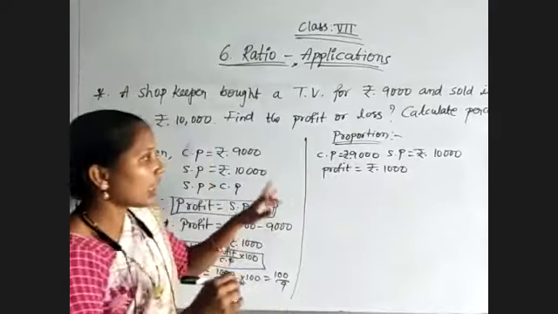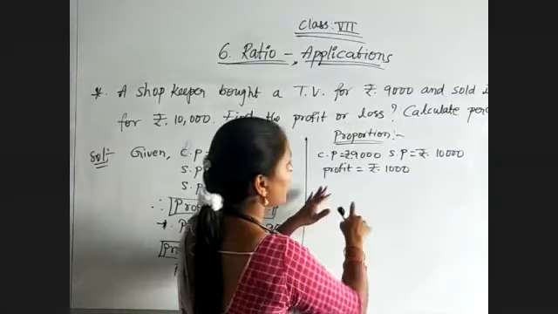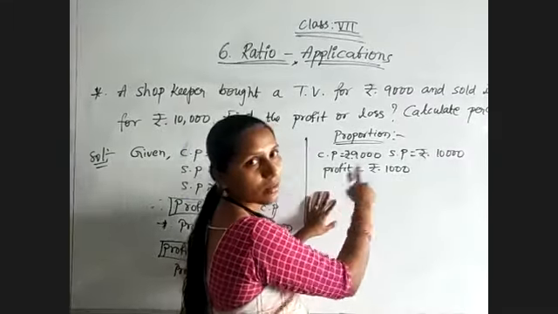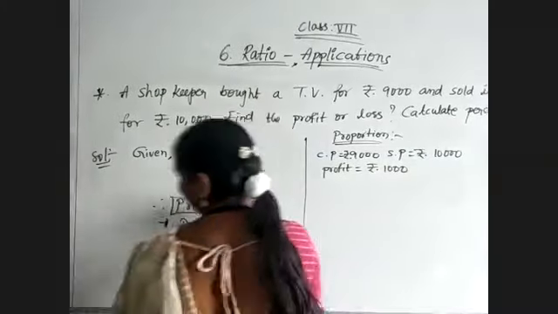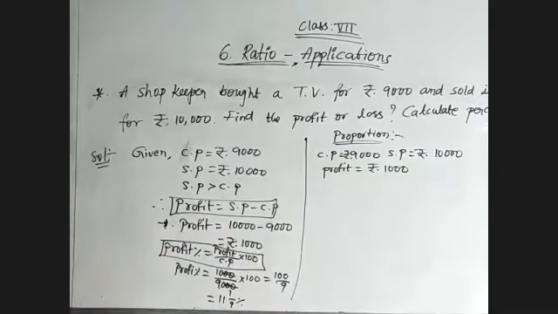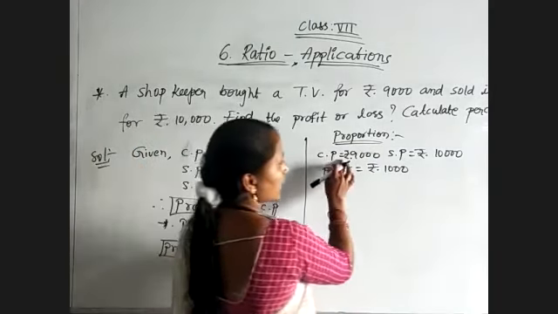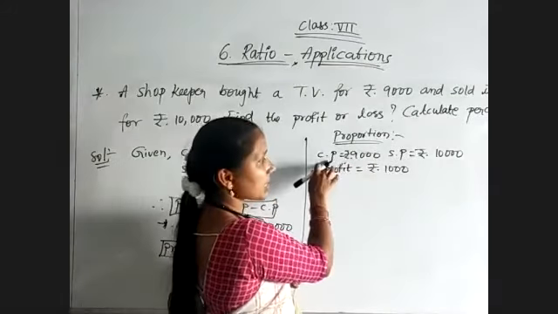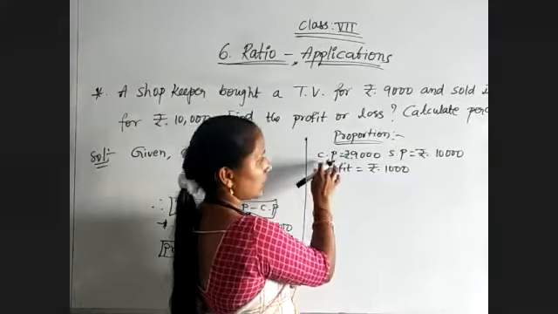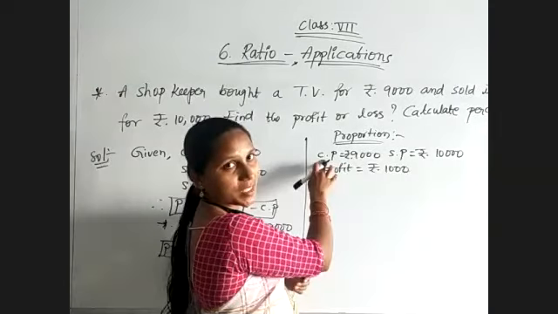If CP is equal to 9,000 rupees, he is getting a profit of 1,000 rupees. If CP is 100 rupees, for every 100, how much profit is he getting?